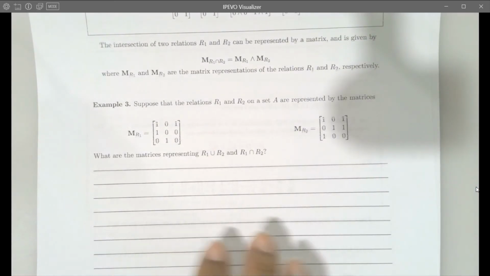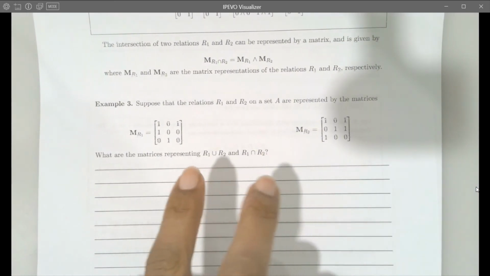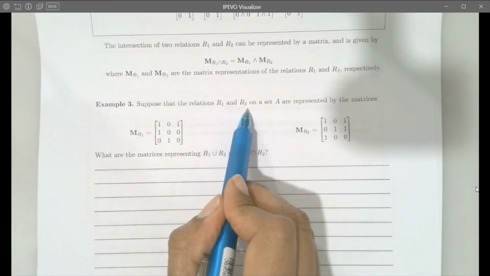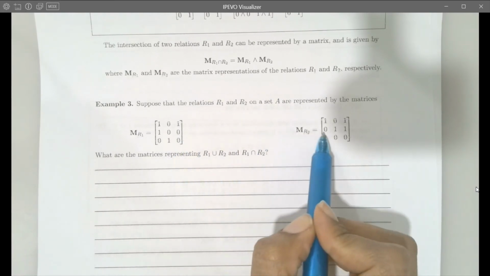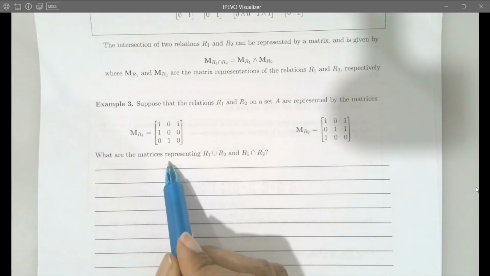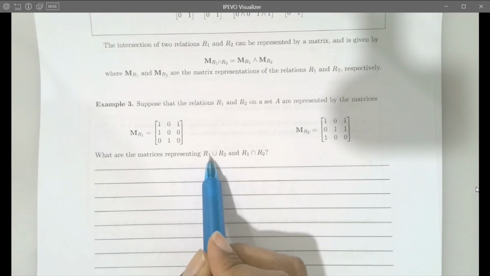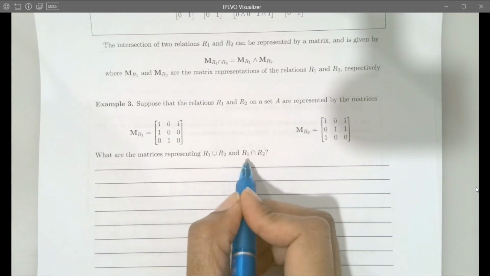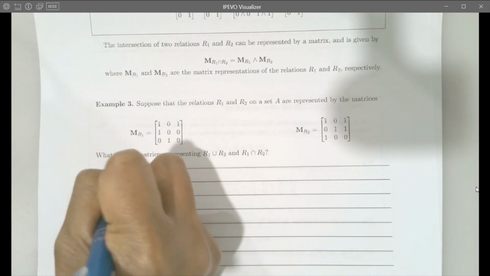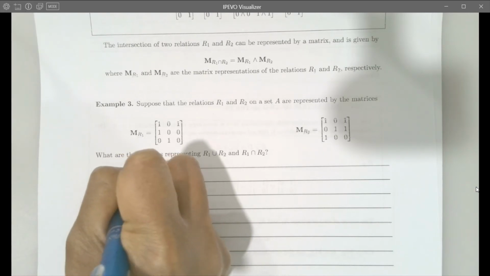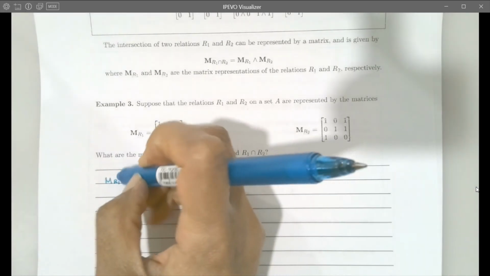Okay, so let's take a look at example 3. Here we have two relations, R1, R2 over some set A, and they are represented by these matrices. We want to find what is the union, R1 union R2, and the intersection as well. So let's start off with the union. What is the matrix of R1 union R2?